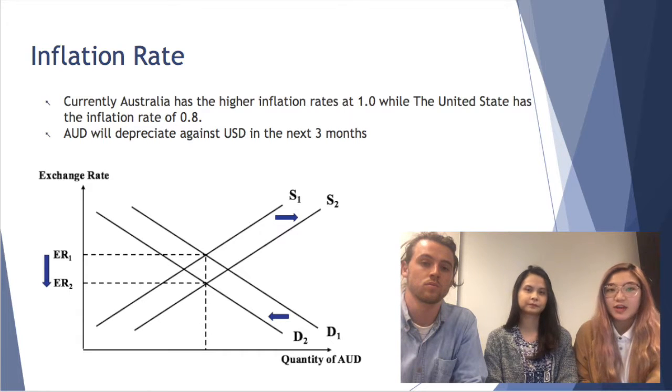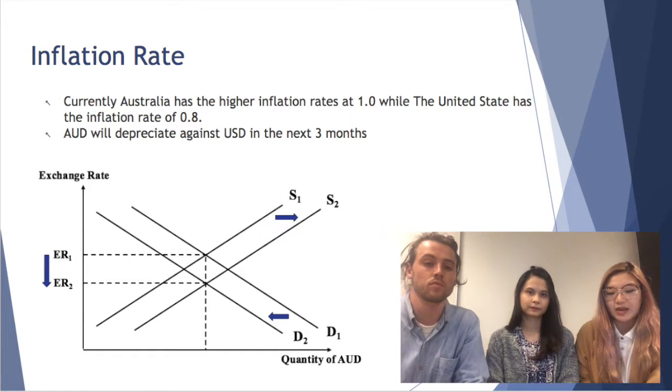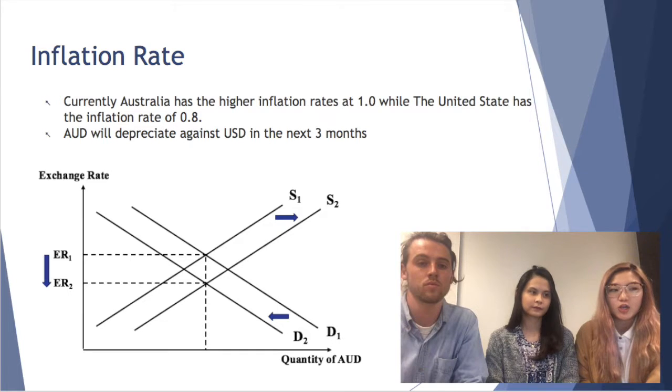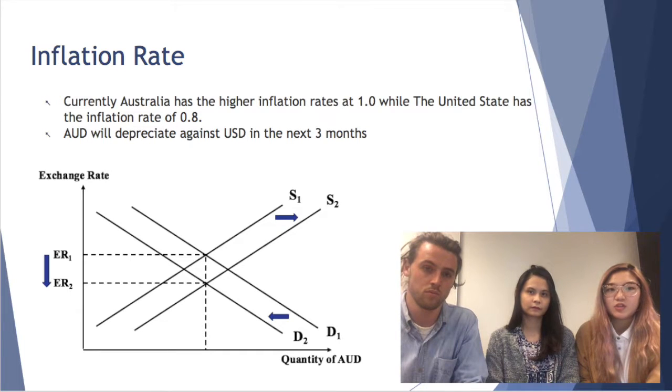The high inflation rate will lead to a decrease in demand for exports and an increase in demand for supply. As shown in the graph, the supply line will shift to the right, whereas demand will shift to the left, thus causing the AUD to depreciate against the USD.